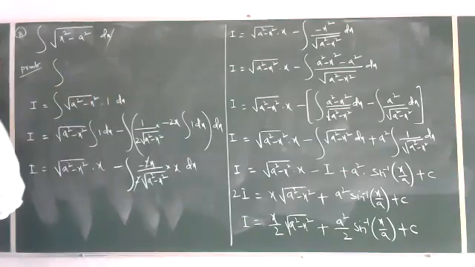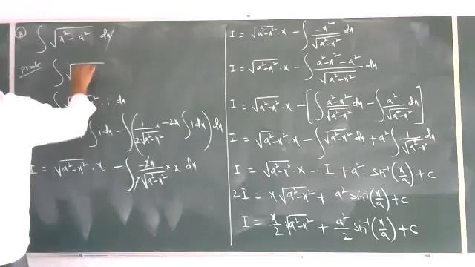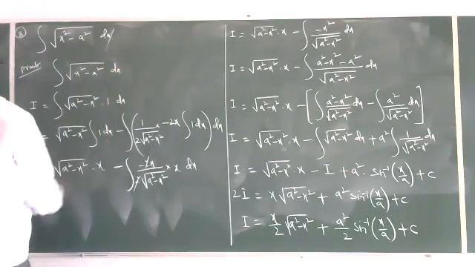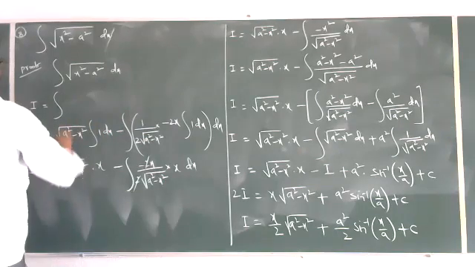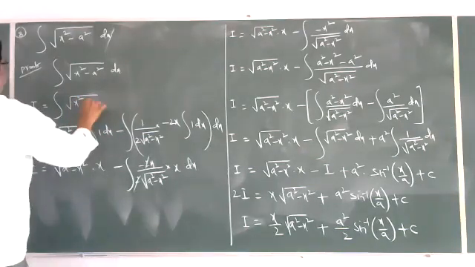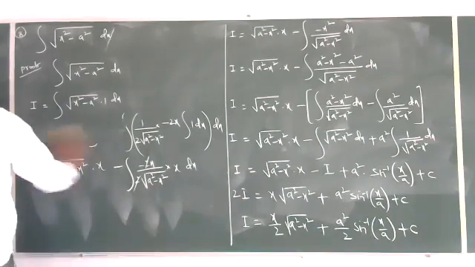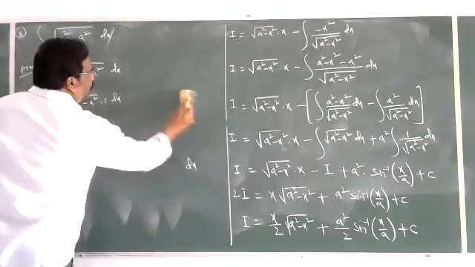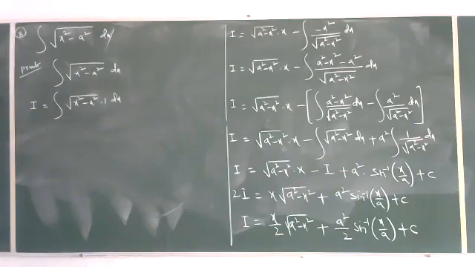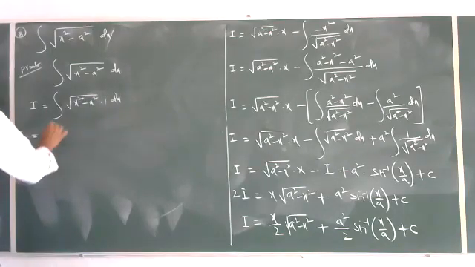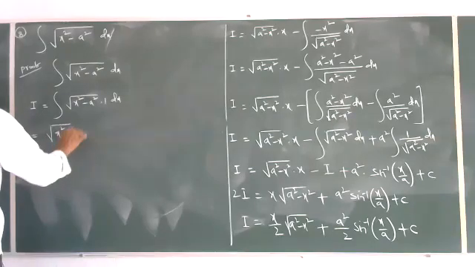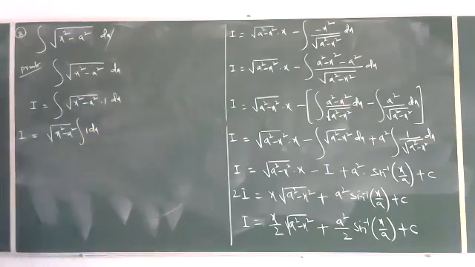So write the proof. Integral root of x square minus a square dx, and we consider I is equal to integral root of x square minus a square into 1 dx. You go in the same way. So I is equal to first function, that is root of x square minus a square, integration of 1 dx.